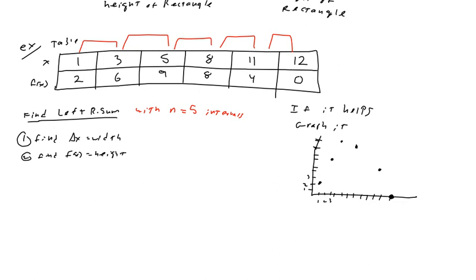And then multiply those all together and add them all up. So you're finding the widths, you find your height, and then you multiply and add up all the rectangles together.